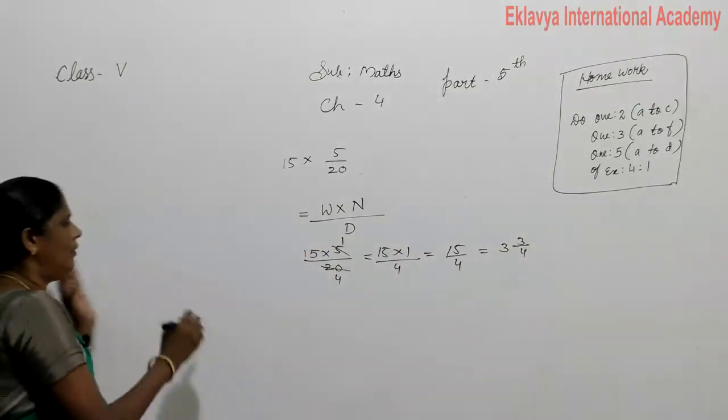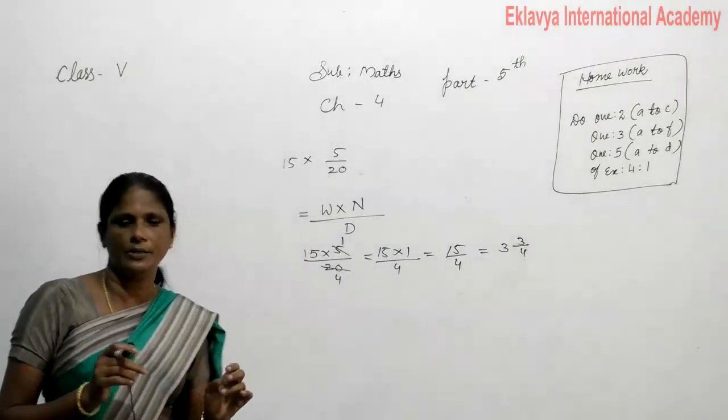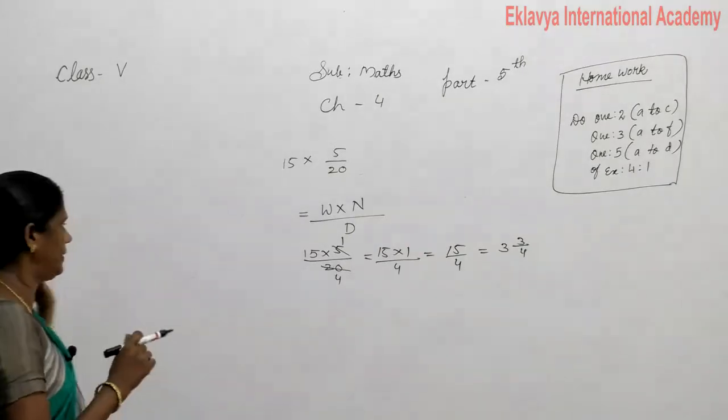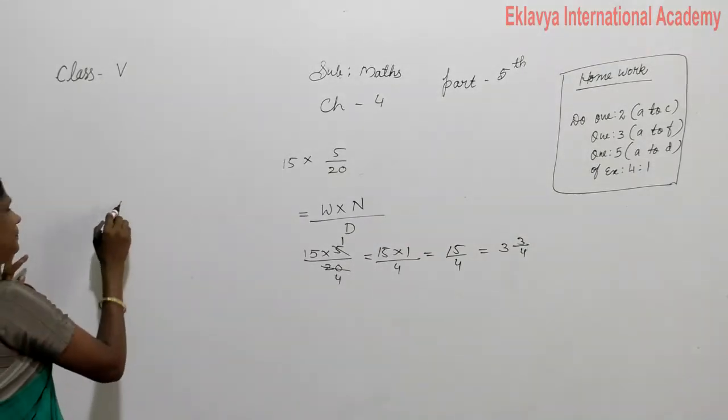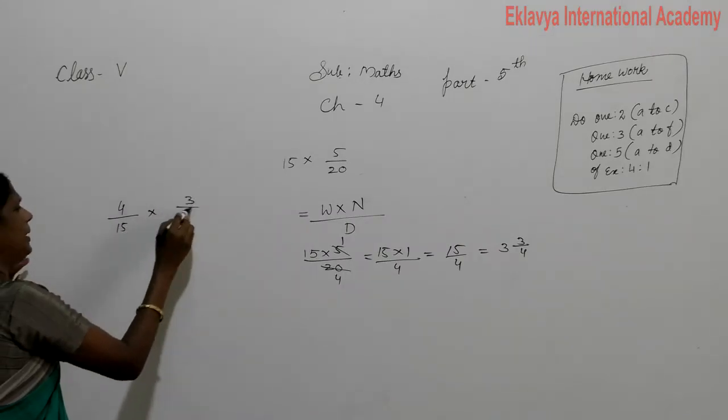Now, a fraction multiplied by another fraction. First, 4 by 15 multiply 3 by 8.